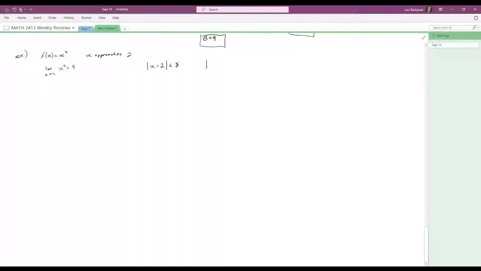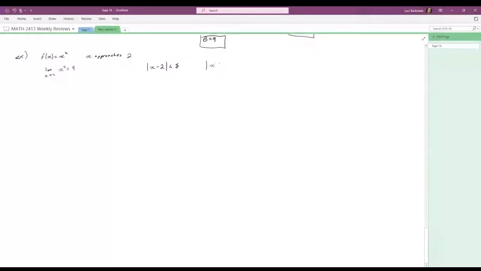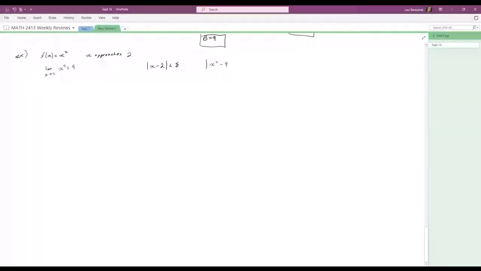And my second one would be f of x, which is x squared, minus L, which is 4, is smaller than epsilon. And I have to find a delta for any epsilon so that whenever x minus 2 is smaller than delta, then x squared minus 4 is smaller than epsilon.